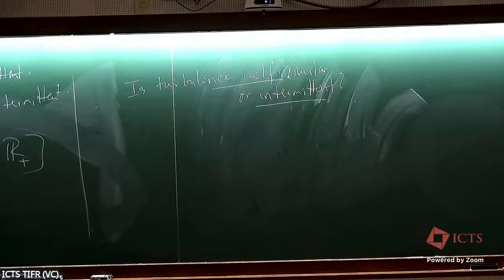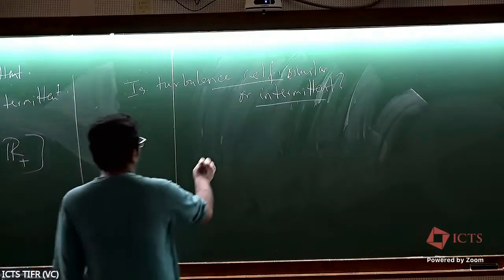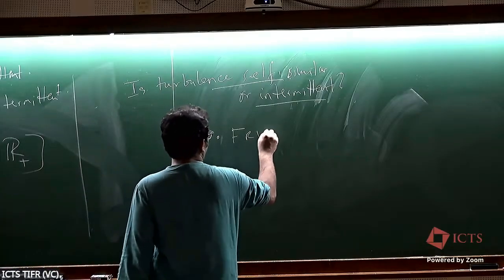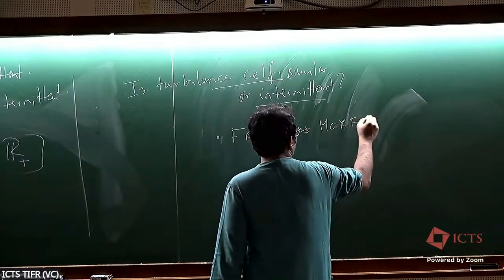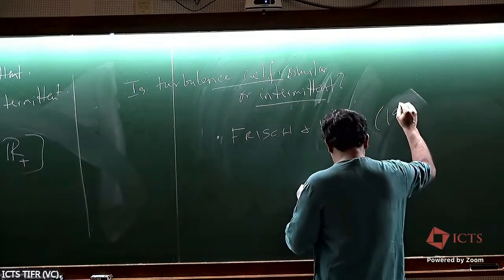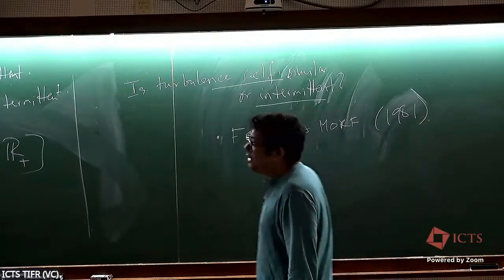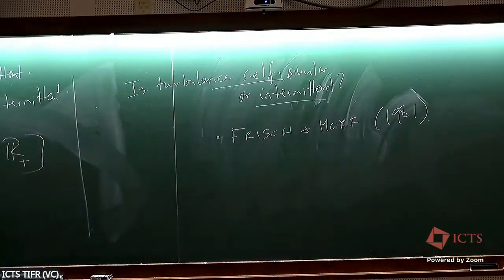So by the way, there is a very nice paper by Frisch and Rudolf Morph in 1981, where, through several nice examples and mathematical structures, the issue of small-scale intermittency, connections of intermittency with self-similar functions, theory of random functions, all of that is nicely worked out.